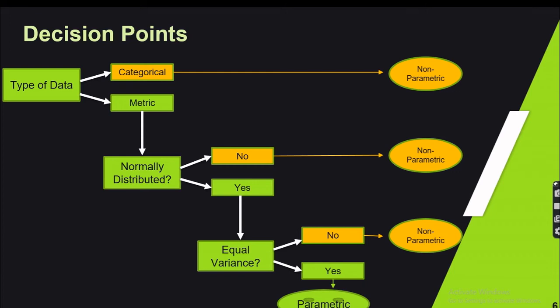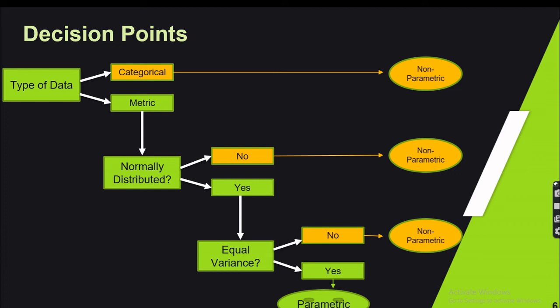Therefore, our second checkpoint is normal distribution. Here we check whether the data are normally distributed. To check this normality, we have several test options in SPSS. We will see this later in the SPSS session.